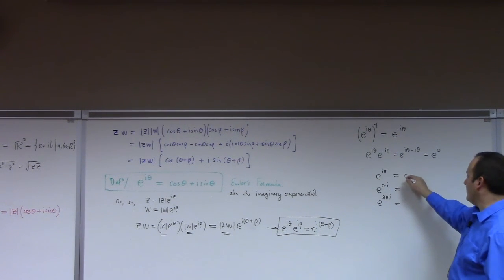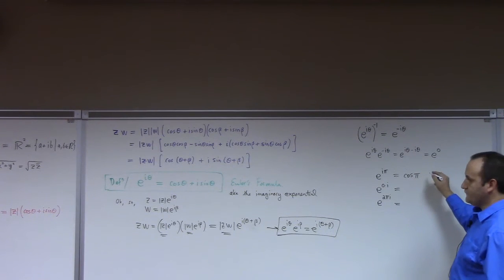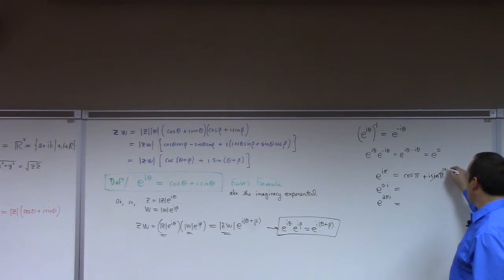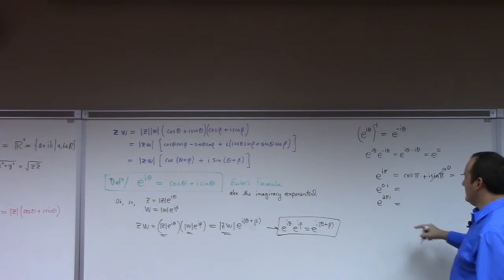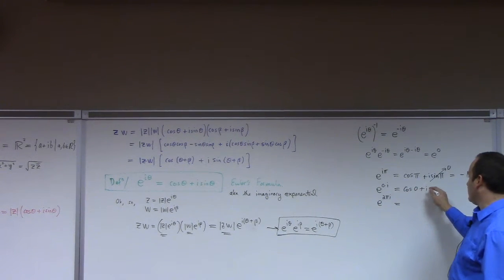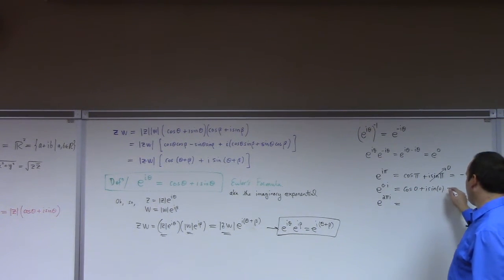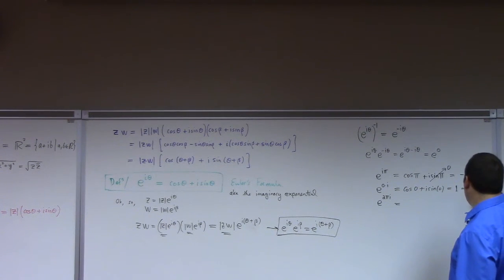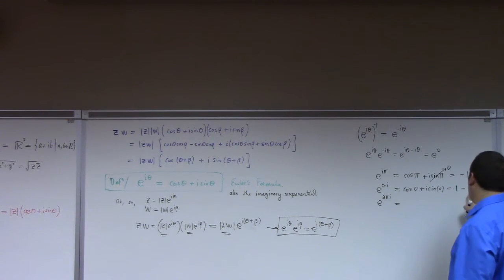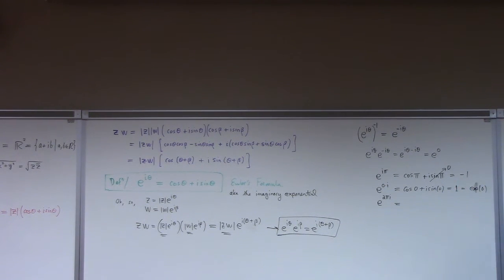That's cosine of pi, plus I sine of pi, which is 0. So that's minus 1. So e to the I pi is equal to minus 1. E to the 0 is cosine of 0 plus I times the sine of 0, which is just what? 1, right? So that's also the exponential of 0 if you think of exponential denoting the ordinary real exponential you study in calculus, right?